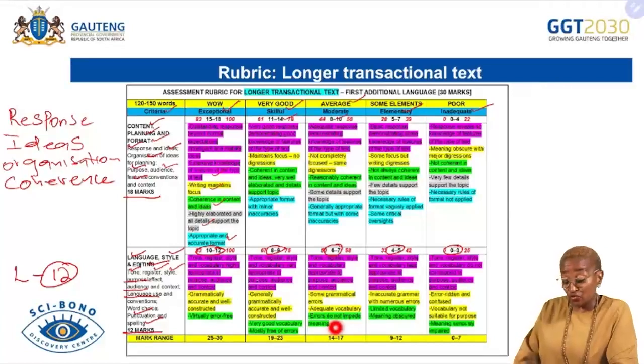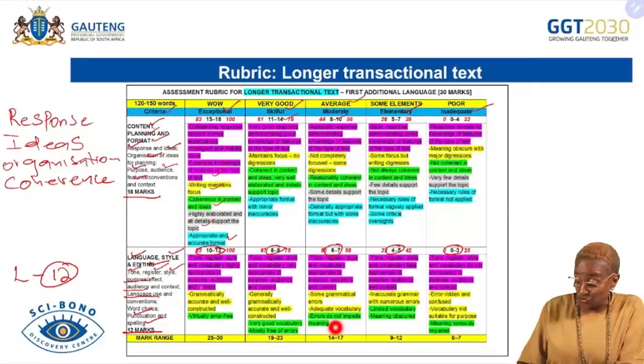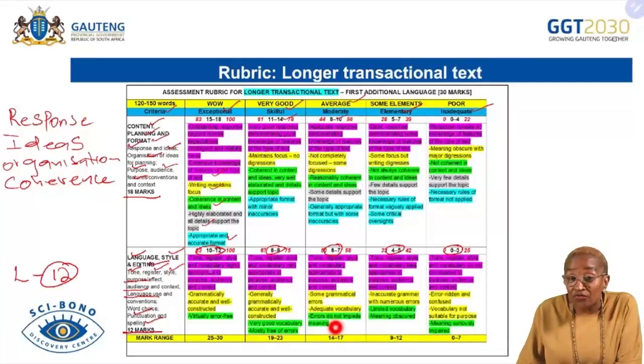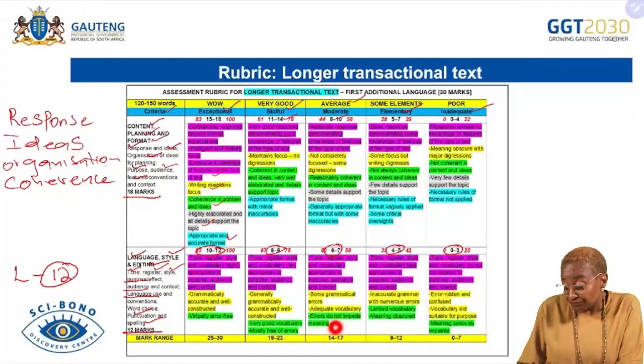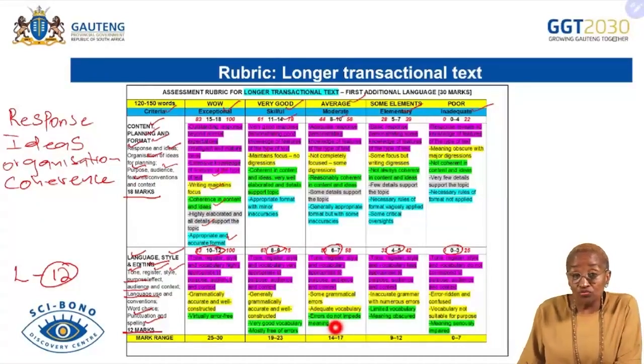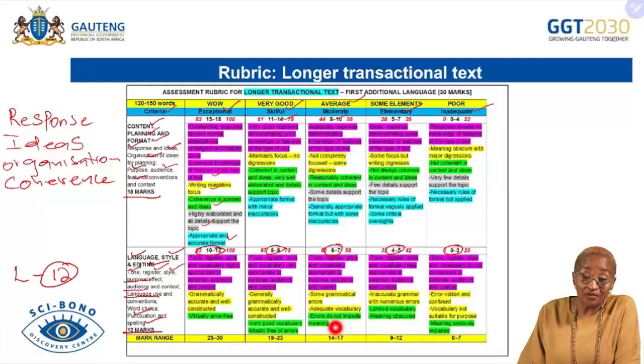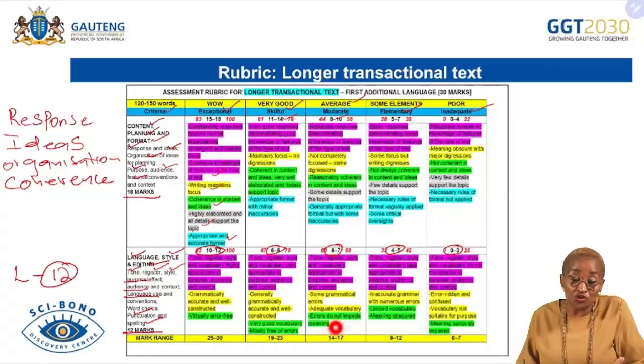So if you are being given 12 for that, it means you would have met all of those descriptors in that category. If you are being given a 10, you have not met all of them. You might have met 1 or 2. If you are being given an 11, some of the descriptors are covered there, but not all. So that is how we arrive at the allocation of marks.